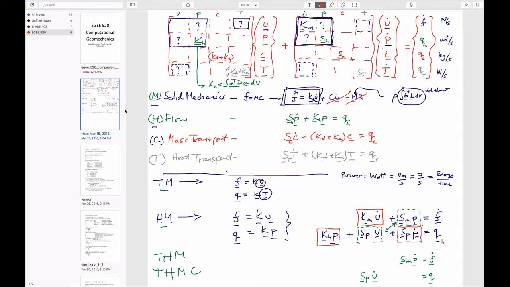And then we made the point that in each of these systems, we're using a constitutive model, which is either Darcy's law or Fick's law or Fourier's law or Hooke's law for each of them.